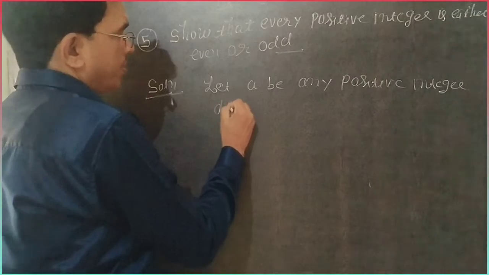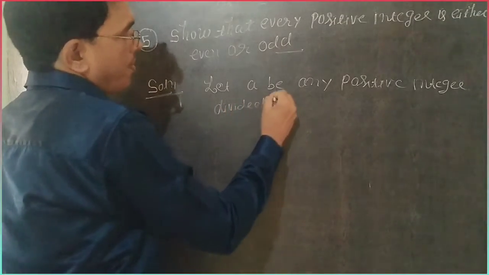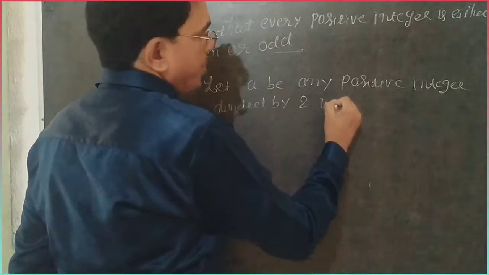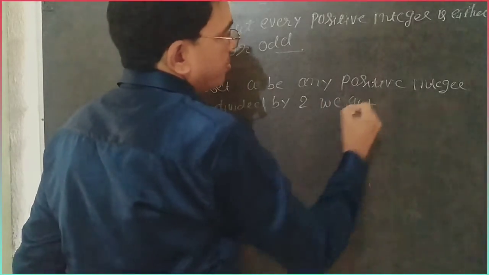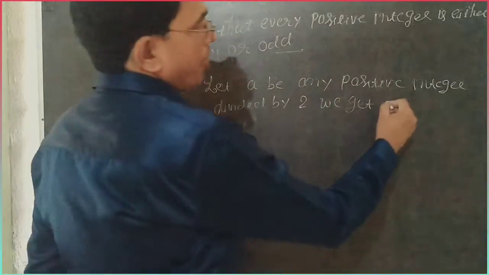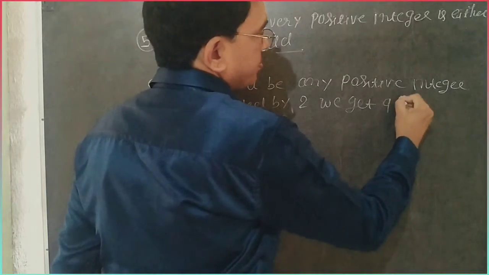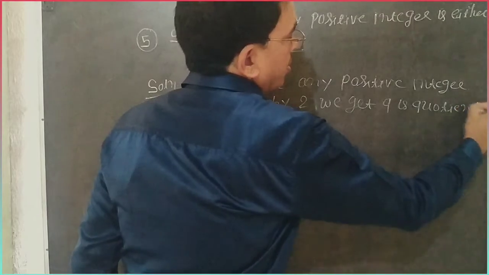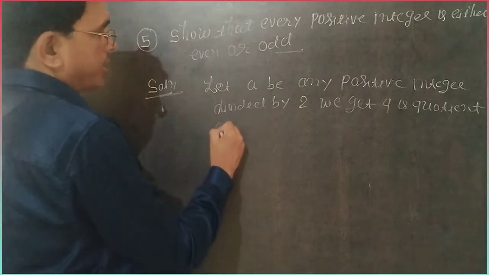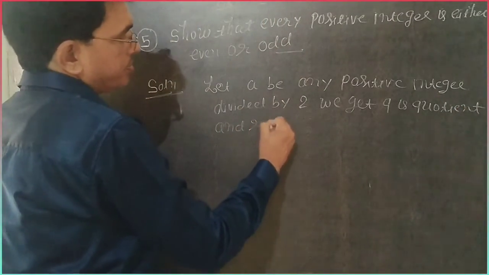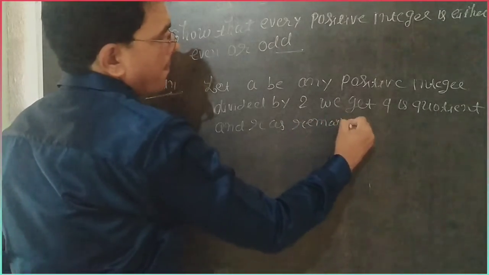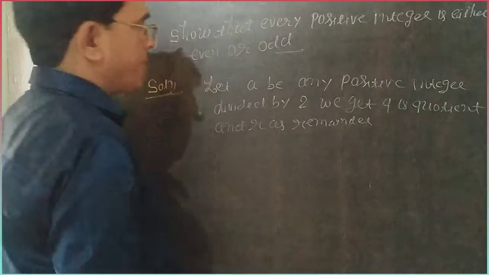divided by 2, we get q as quotient and r as remainder.